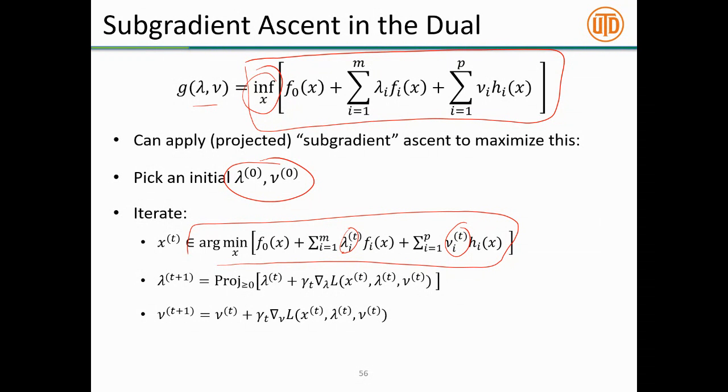And then I just apply standard projected gradient ascent. Again, it's ascent. You notice that those are pluses instead of minuses. Okay.